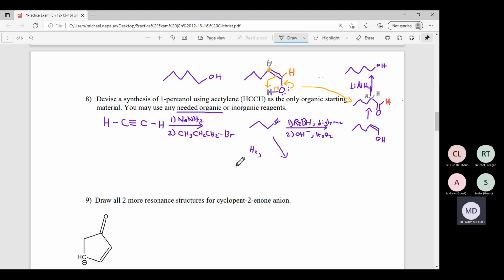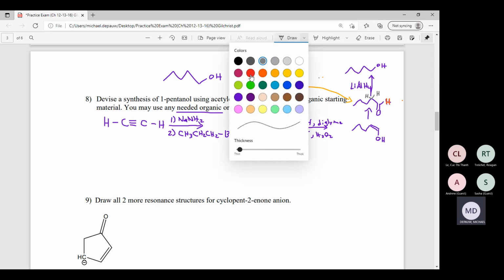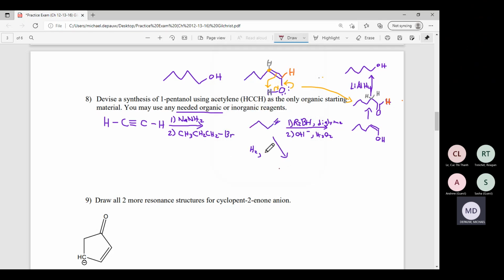All right, so that's one way to do it. The other way, just to show you what all your options are, because it is important to know the different pathways, is you could also use Lindlar, basically a poisoned catalyst, Lindlar palladium and hydrogen, and that would turn this into an alkene.